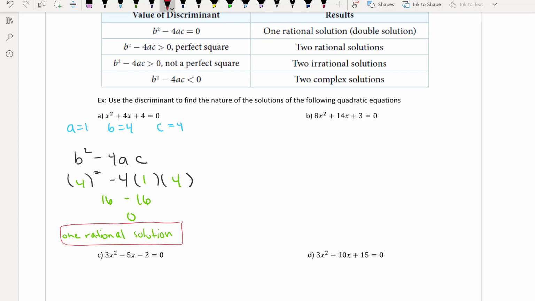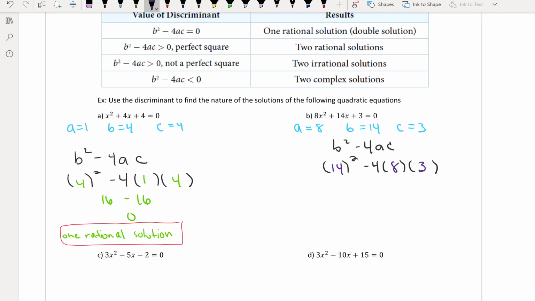So let's do the exact same thing for part B. I have that A is equal to 8, B is equal to 14, and C is equal to a positive 3. So I still have my B squared minus 4AC. So I have B squared minus 4 times my A times my C value. My B value is 14, my A value is 8, and my C value is 3.